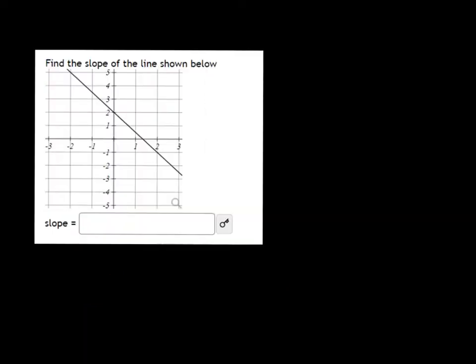All right, so when I'm looking at finding the slope of a line, I like to use points that are right in the crosshairs. So this is an exact point. I don't like this one so much because it's in the middle. I'm not exactly sure what it is, but this point here looks really good. So again, I want to use points that are exact. All right, so that is the triangle that I'm going to go ahead and create.